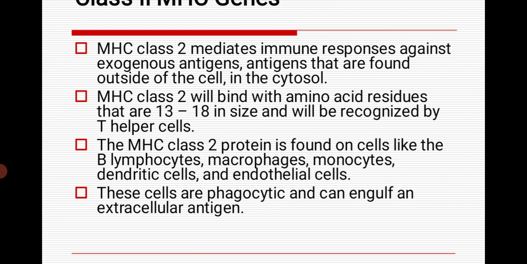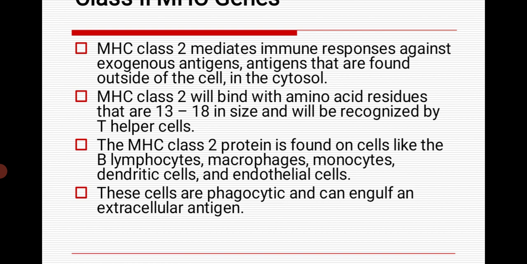The MHC second glycoprotein cell membrane receptors bind with a peptide antigen of a size 13 to 80 amino acid residues, and this will be recognized by T helper cells or CD4 cells.